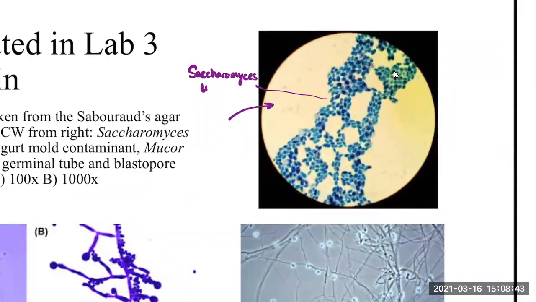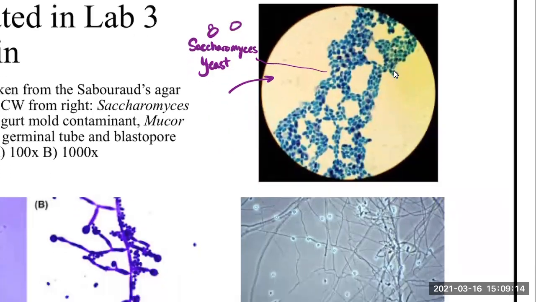So this is yeast, and that's typical of yeast. It kind of looks maybe like a sphere, but then sometimes like a rod. But in fact, these are oval shaped. And then we can sometimes see little buds that come off of them. So we know that that's a yeast.